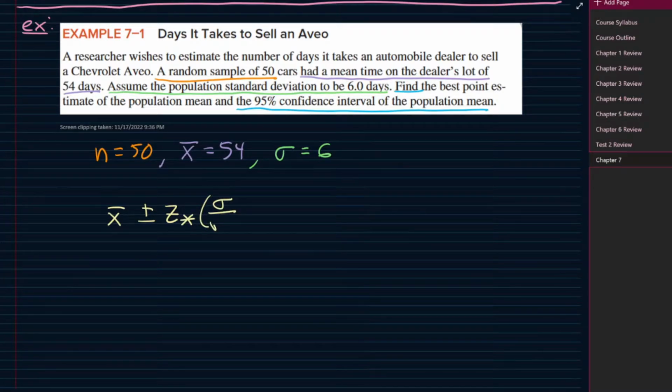So what's our z star here? Since we're doing a 95% confidence interval, remember z star for a 95% confidence interval is 1.96. And so now we do have everything for the formula.